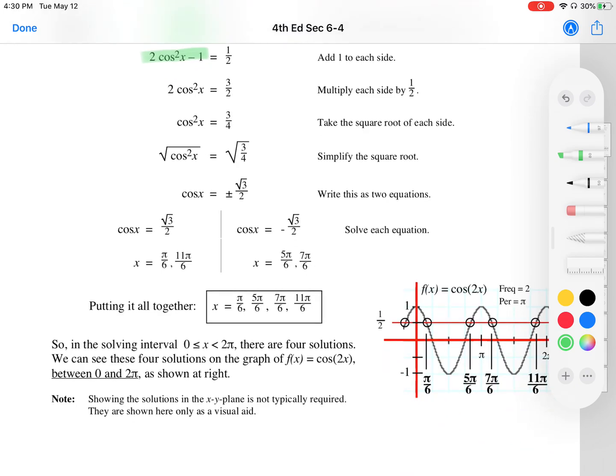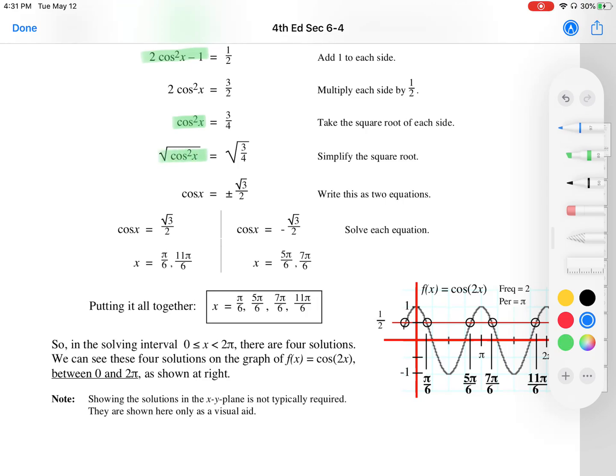And then we see that we can solve that way by getting cosine of x by itself: adding 1 and dividing by 2 to get cosine squared by itself. Lastly, we take the square root of both sides.